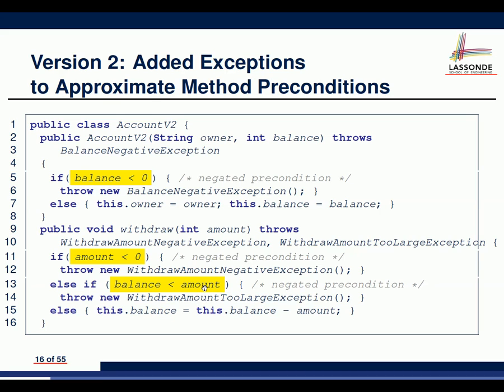Exactly right. In Java, there's so-called checked exception, which means if your classes like balance negative, withdraw amount too large, inherit directly from exception. That means if I want to call withdraw, if I want to call this constructor, I might say, try this particular method call, catch the different exceptions over here. That complicates my code. Why should I do that, right?